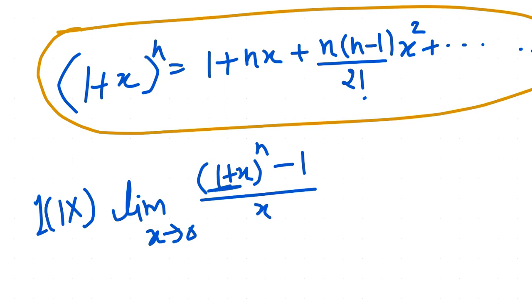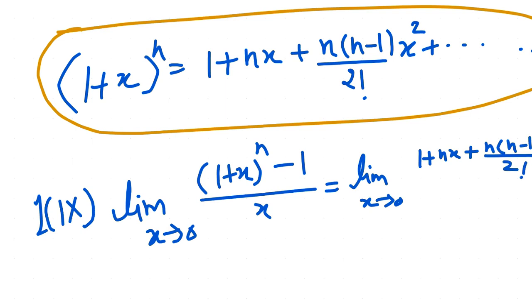Let us take it as equal to limit. Why are we using this? I'm telling you. Instead of (1 plus x) to the power n, we will take 1 plus nx plus n into n minus 1 into x square by factorial 2, and plus up to so on.